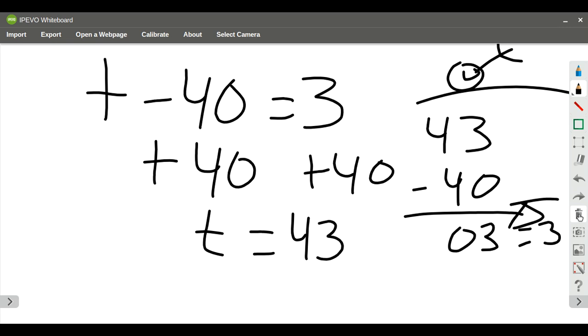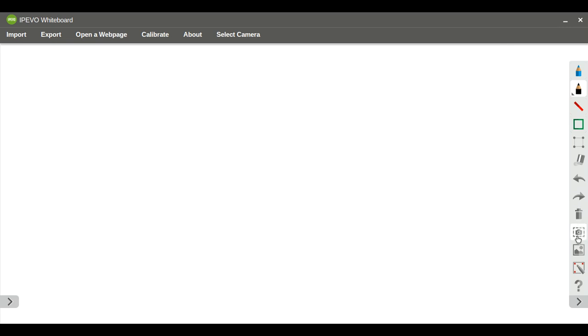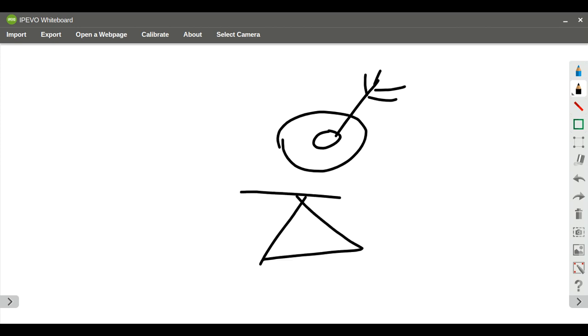Okay? So that right there is how you're going to solve for a variable in a one-step addition and subtraction problem by using substitutions. Your substitution is going to come when you do your proofs. You're going to substitute for the variable within your original physical setup to make sure that your equation is staying balanced.